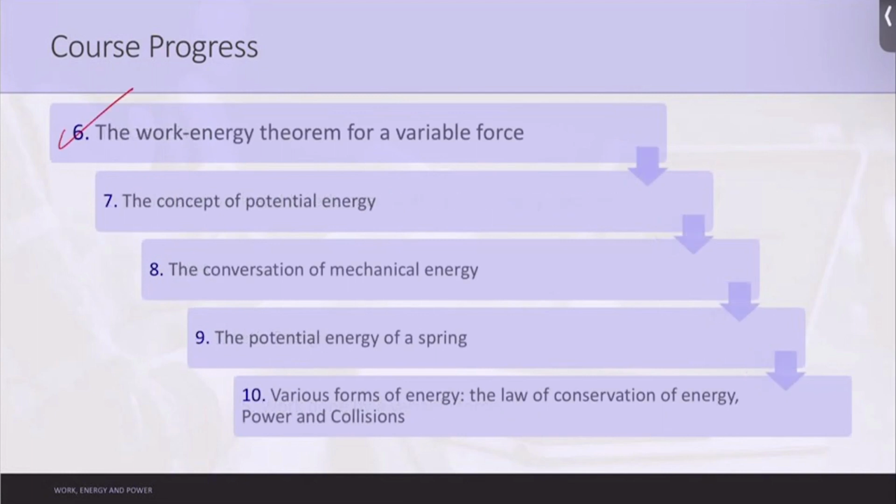And we have completed the work-energy theorem for a variable force also, that is the integration of dK from Ki to Kf, which is Kf minus Ki, equal to the integration from xi to xf of F dot dx. Correct? And we understood the concept of potential energy.